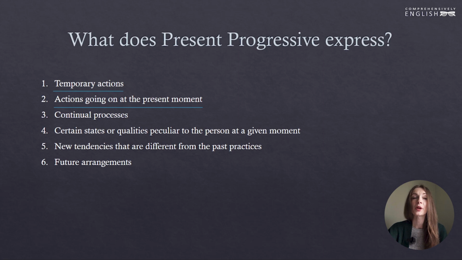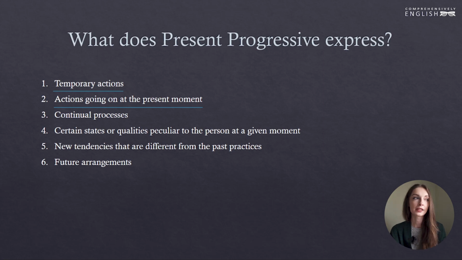So we use the present progressive tense to express temporary actions, actions going on at the present moment, continual processes, certain states or qualities peculiar to the person at a given moment, new tendencies that are different from the past practices, and future arrangements.